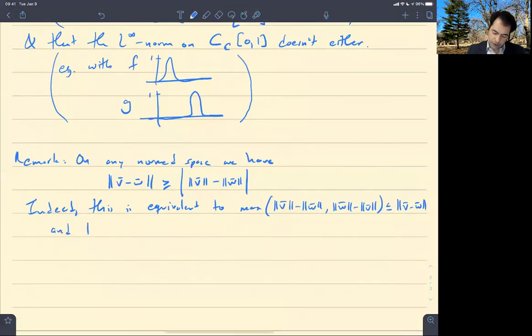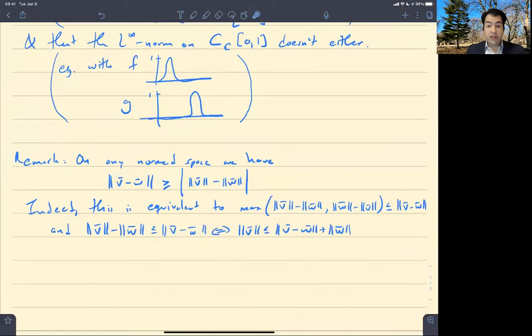So let's look at the first one, norm of V minus norm of W. We want to say that this is bounded above by the norm of V minus W, but that's equivalent to saying that the norm of V is bounded above by norm of V minus W plus the norm of W. Now notice that this is the triangle inequality if you start with this vector and this vector, right?